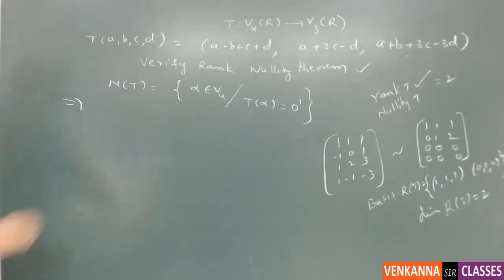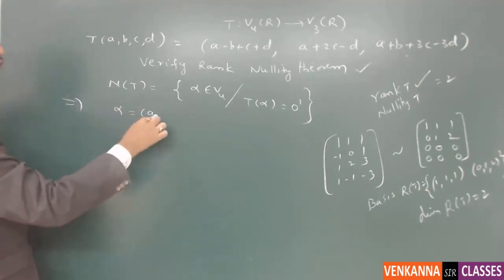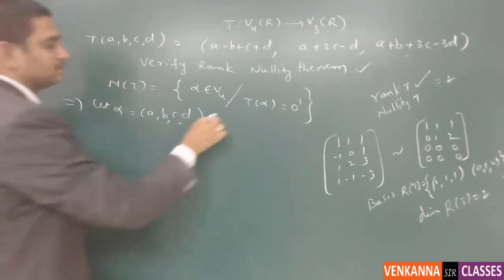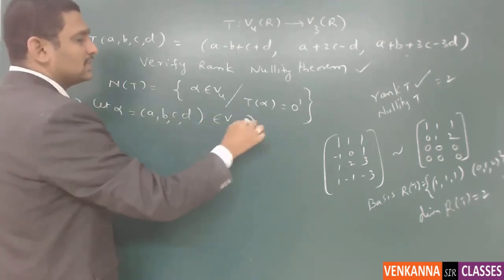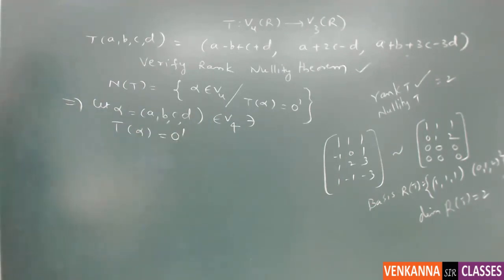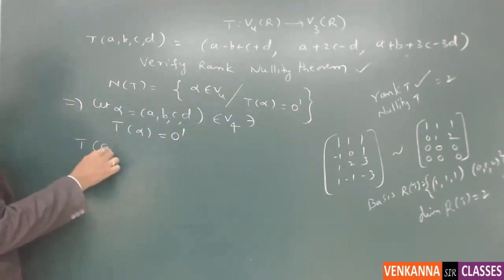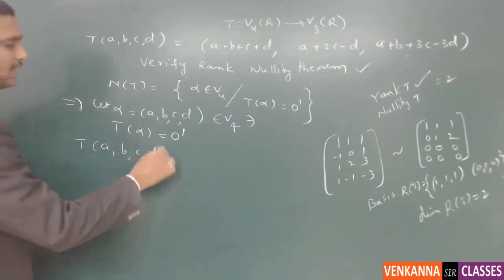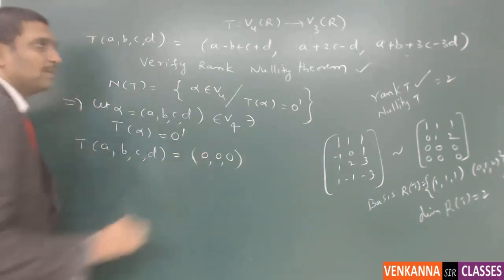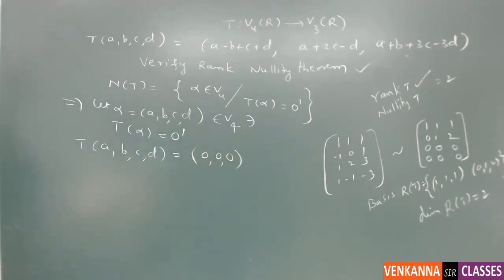So I will take alpha as a 4D vector in V4 such that T of alpha is equal to 0 dash. Here 0 dash means the 0 vector in the codomain. So here you have T of (a, b, c, d) is equal to (0, 0, 0).